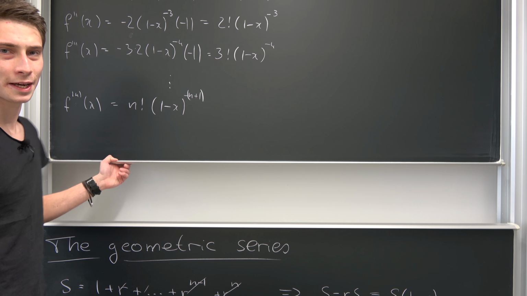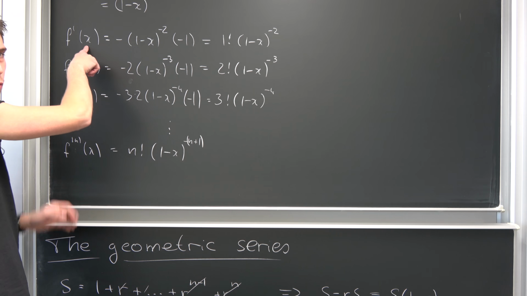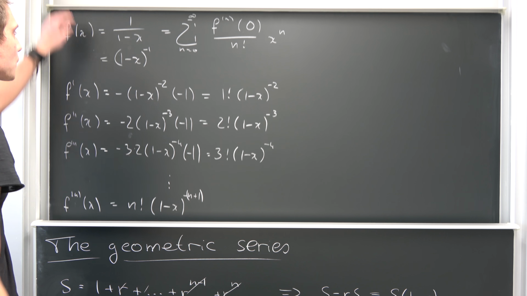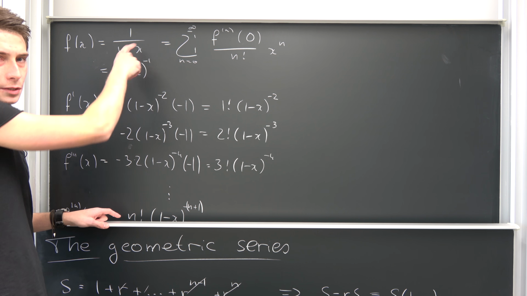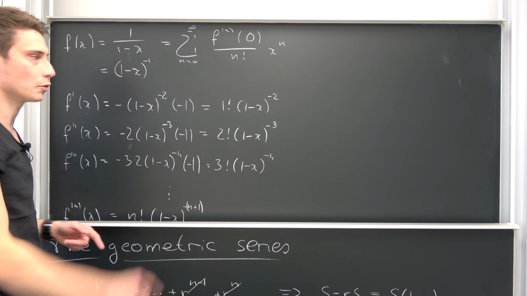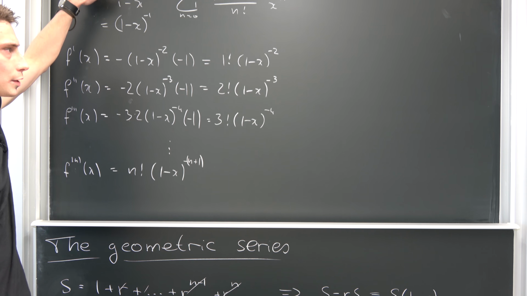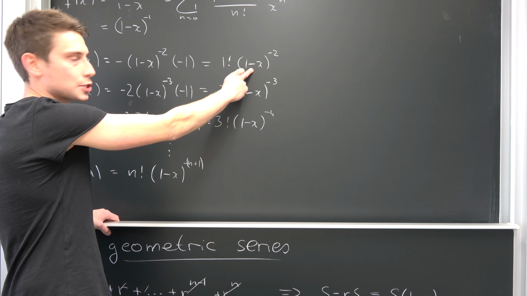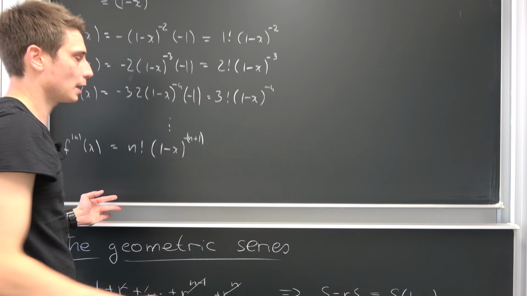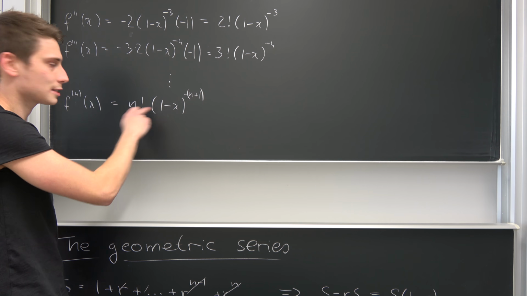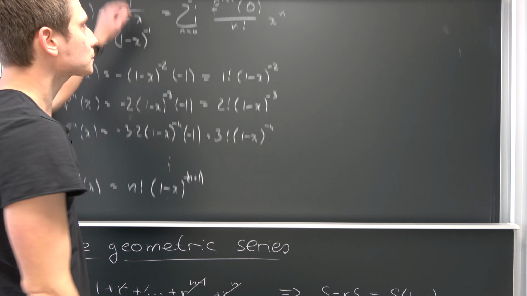I'm terribly sorry. What is going to happen if we plug 0 into all those derivatives right here? Well, on the first part, this is just 1 over 1, but this is 1, and 1 is nothing but 0 factorial. So this is 0 factorial. If we plug 0 into here, this is just 1 factorial. If we plug 0 into here, this is 2 factorial, and so on. So if we plug 0 into here, this is going to give us n factorial.